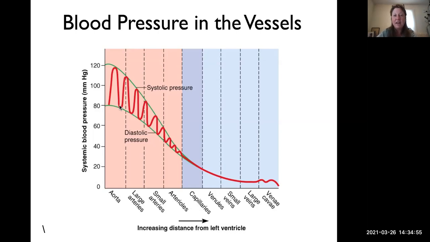At rest, in any one heartbeat, about a third of the time is spent in ventricular systole, and 2/3 of the time is spent in ventricular diastole. If you're exercising, diastole gets shorter so that your heart can beat faster. But we're just going to consider what happens when you're at rest. So at rest, 1/3 of each heartbeat is in contraction, 2/3 of each heartbeat is in relaxation.